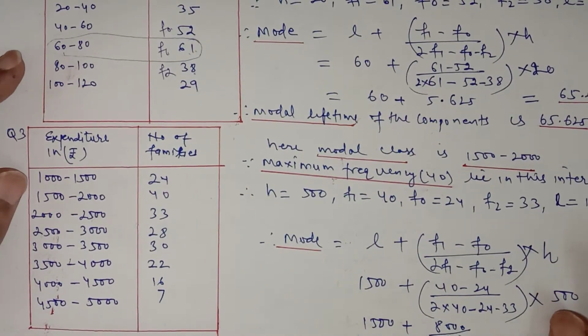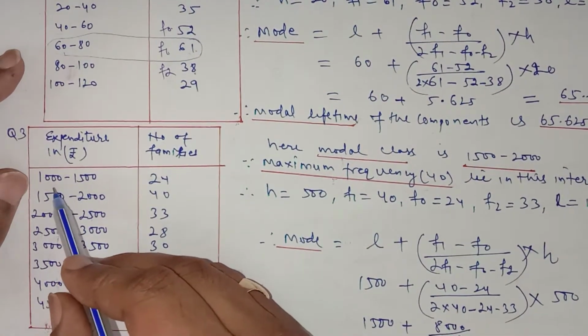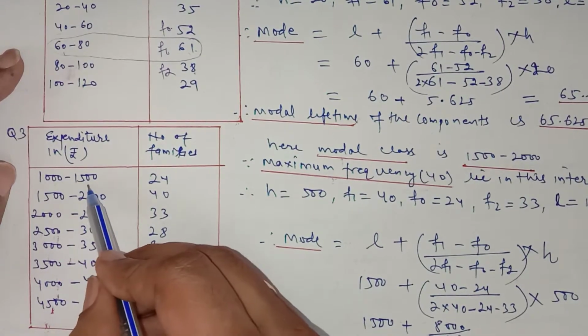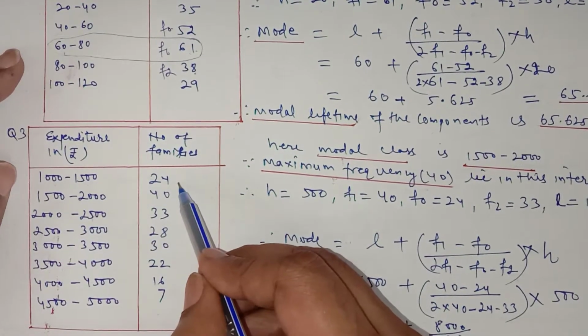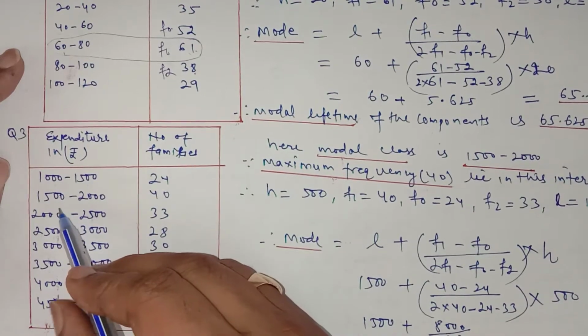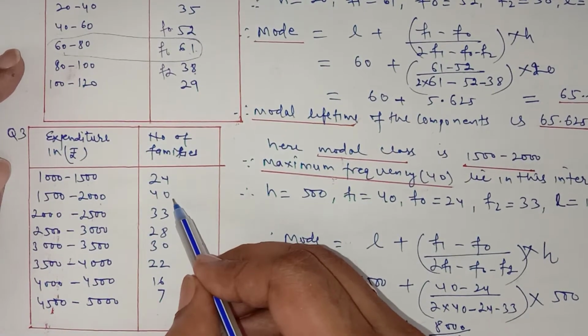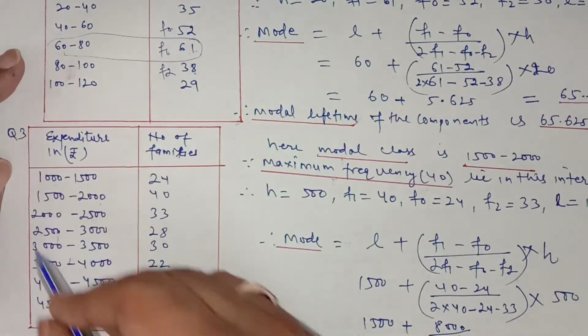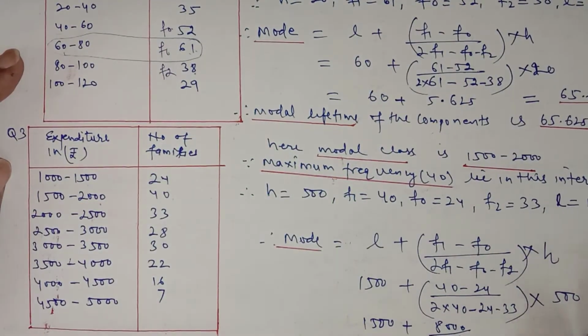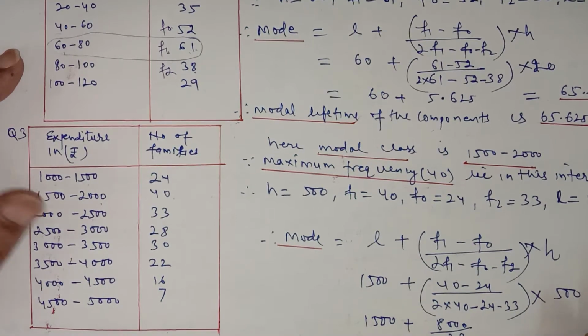If the expenditure is 1000 to 1500, then the number of families is 24. If the expenditure is 1500 to 2000, the number of families is 40, and so on. The table is given, and you have to find the modal expenditure in rupees.